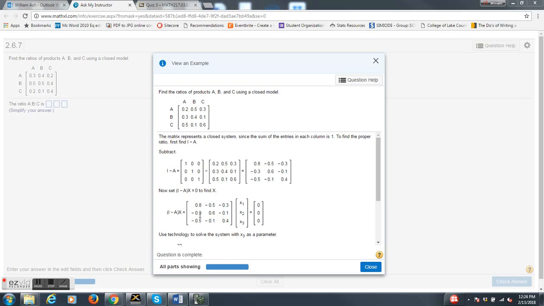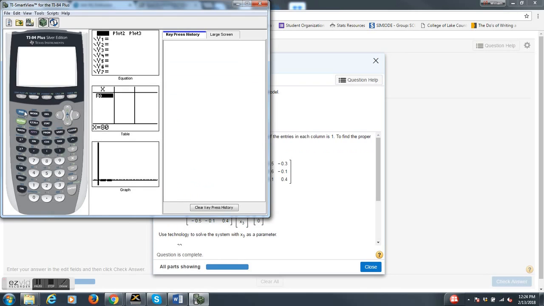Negative 0.3 x1 plus 0.6 x2 minus 0.1 x3 equals 0. So what you've got to do is put this in your calculator as a 3 by 4 matrix. So I'm going to go to matrix.